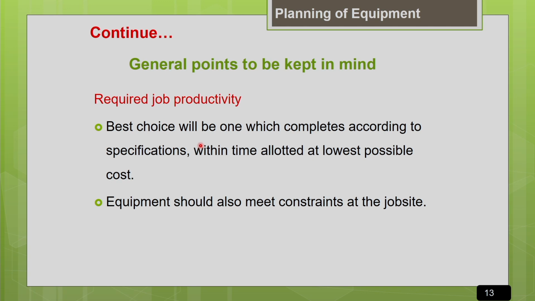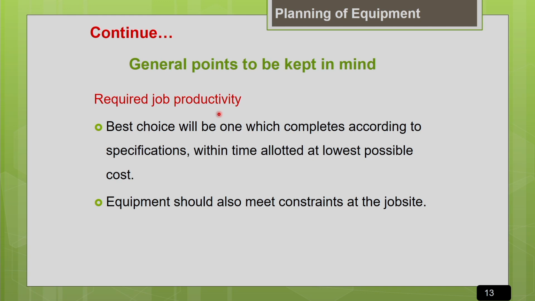Apart from all these things, another important factor is that your equipment selection should also consider the job site condition. Whatever equipment you select should meet the constraints at the job site. There may be a lot of constraints. Your underfoot conditions may be very poor, it may be a rocky or steep terrain.